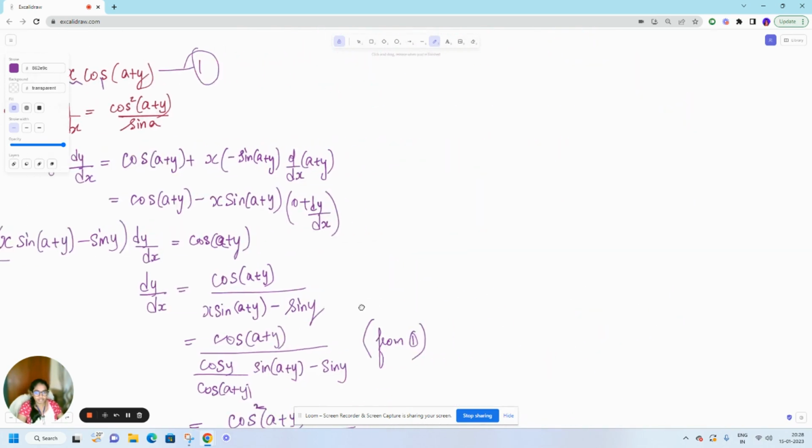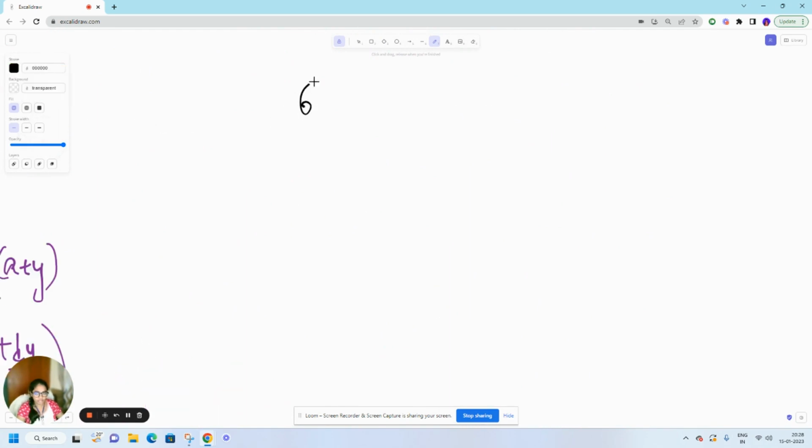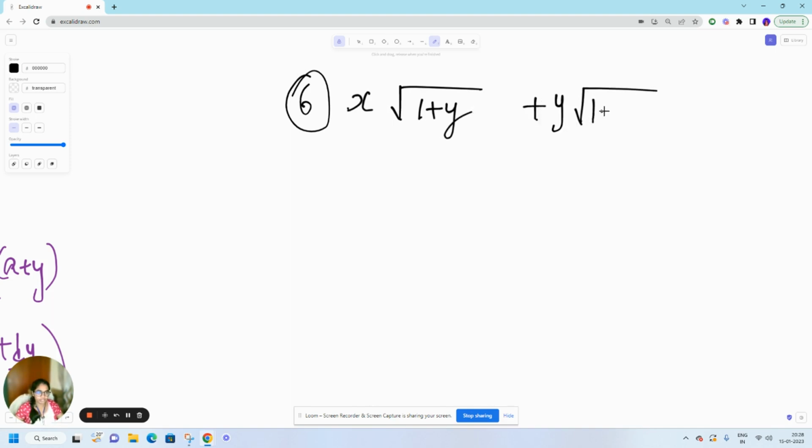That is, find the derivative of the sixth one, x square root of 1 plus y plus y square root of 1 plus x is equal to 0.